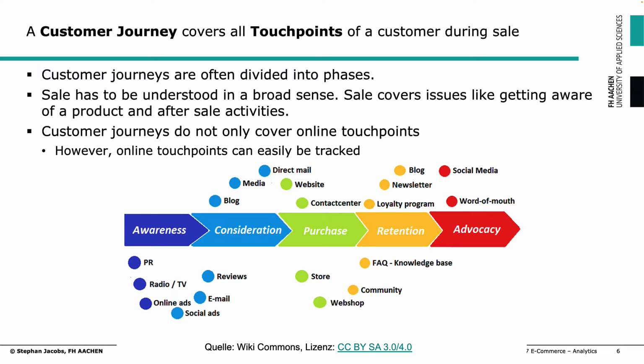What you can see here is that touch points can be online and offline. For example, radio or TV is probably offline, whereas reading a blog or surfing on a website is clearly online. And what you can see as well is that it's not only this purchase phase in the very middle where you do the exchange of money against product, it starts way before and ends after this phase.